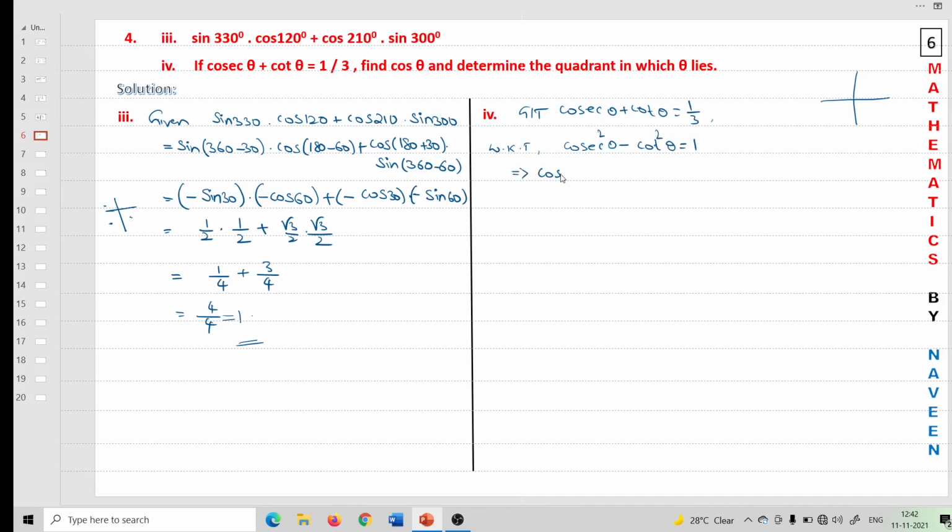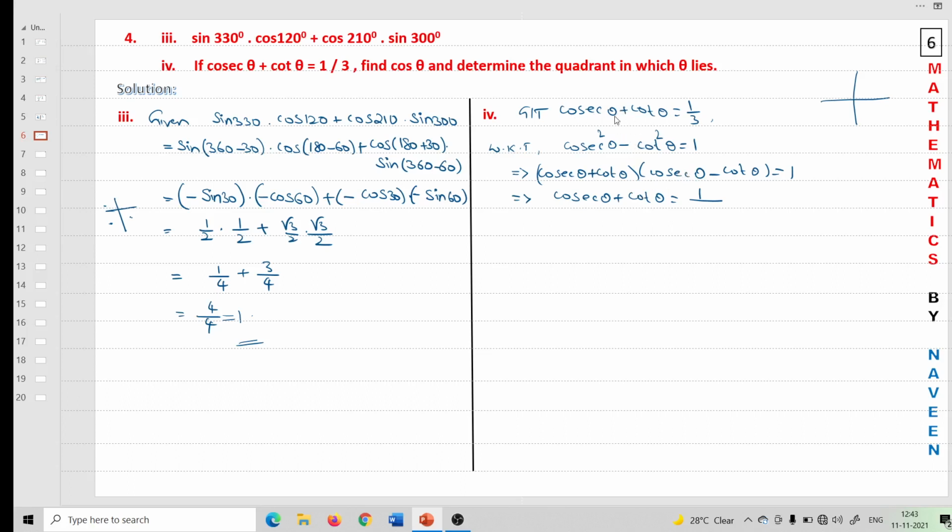That is (cosec theta plus cot theta) into (cosec theta minus cot theta) is equal to 1. From this, cosec theta plus cot theta can be written as 1 by (cosec theta minus cot theta).